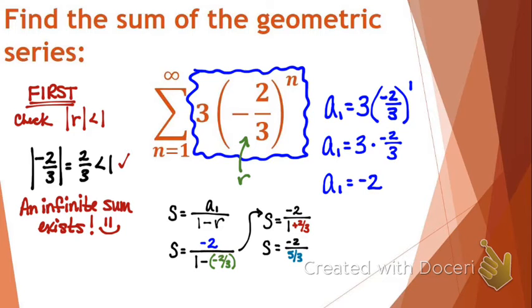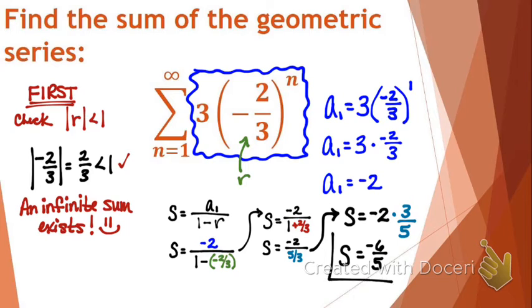Not times 1/3, but times 3, yeah. We'll multiply by our reciprocal there. So I'll have s equals negative 2, and then we'll multiply by the reciprocal, which would be 3/5. Negative 6/5, yes. So there's our infinite sum.